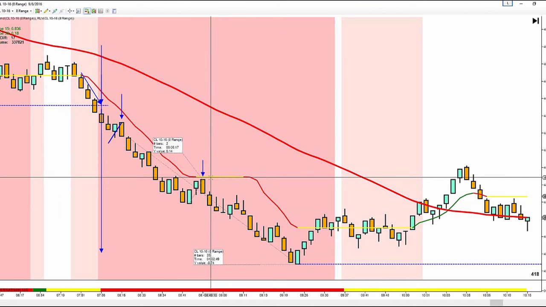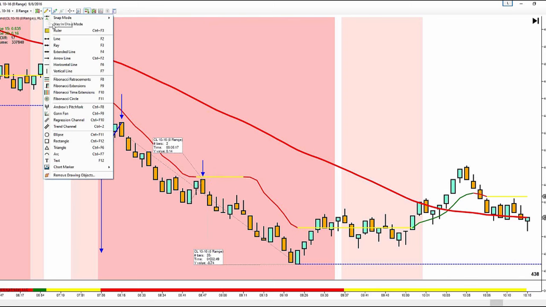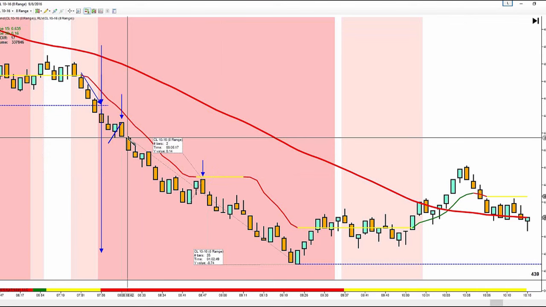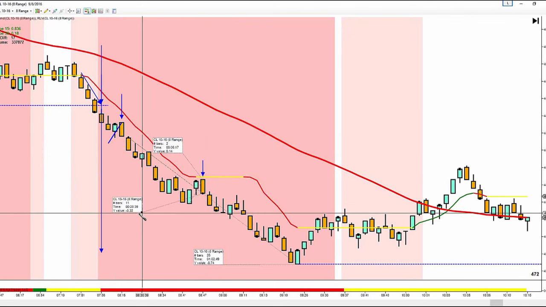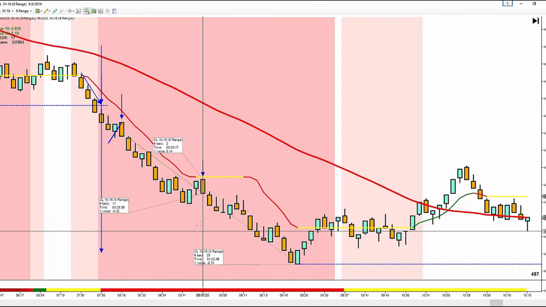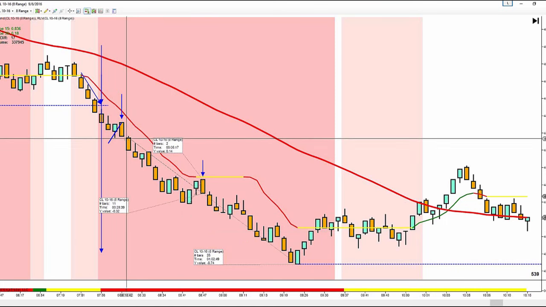That tells you that the trend is likely to be over. It's all based on probability. Remember, nothing is perfect. So on the automated system, you're going to be out at 32, and you're going to get 7 ticks on your first contract.